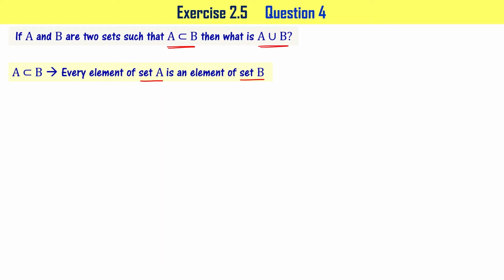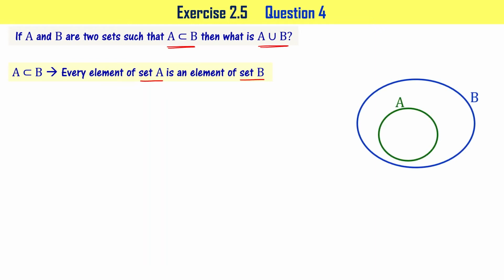When you say A is a subset of B, it means every element of set A is also there in the set B. So when you represent this in Venn diagram form, it will be like this, because A is a subset of B. A is a part of B now, right?